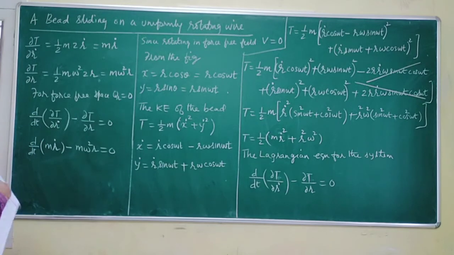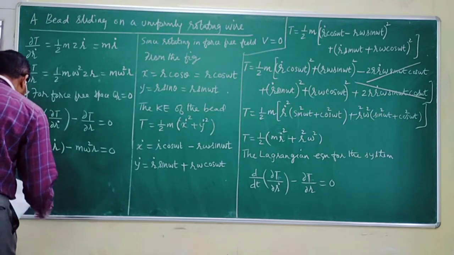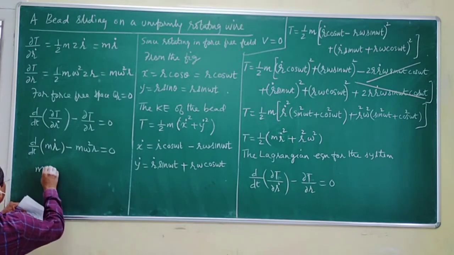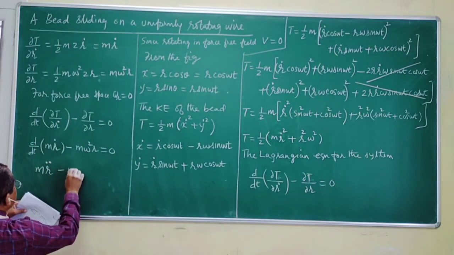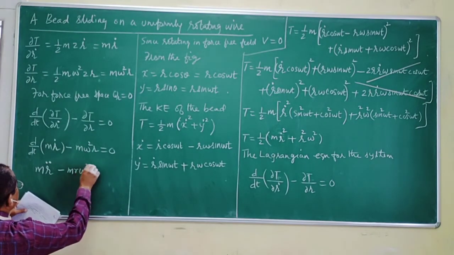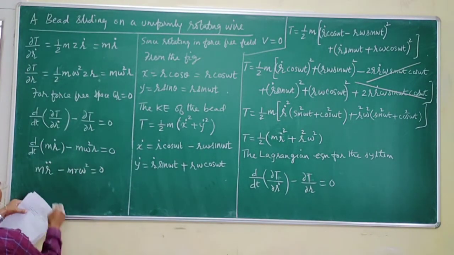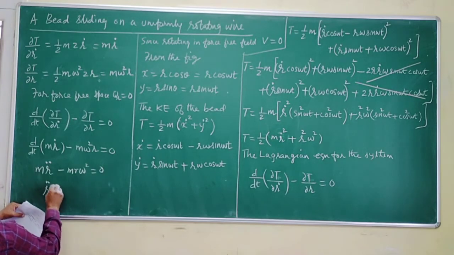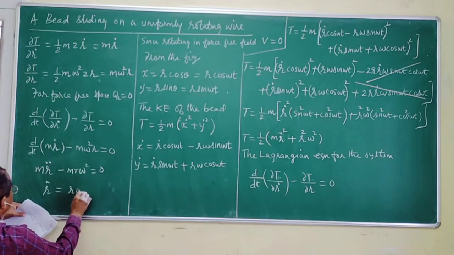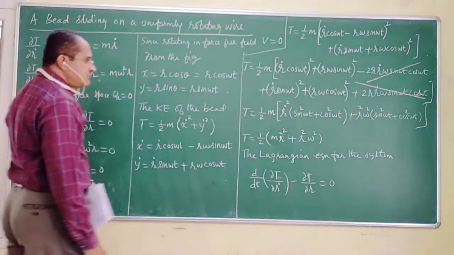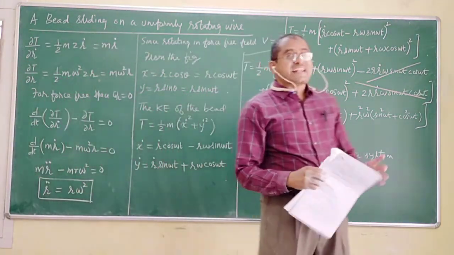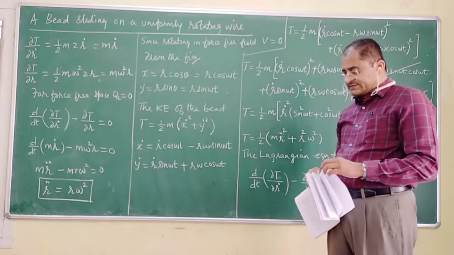Therefore, if you differentiate this, you will get m r double dot minus m r omega squared is 0, or r double dot is equal to r omega squared, which is the expression for centripetal acceleration.